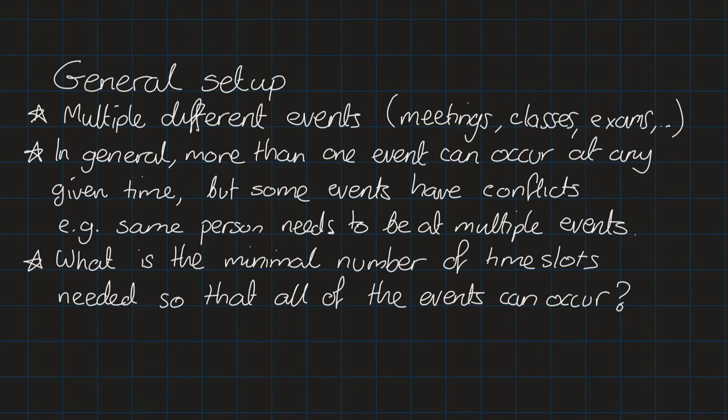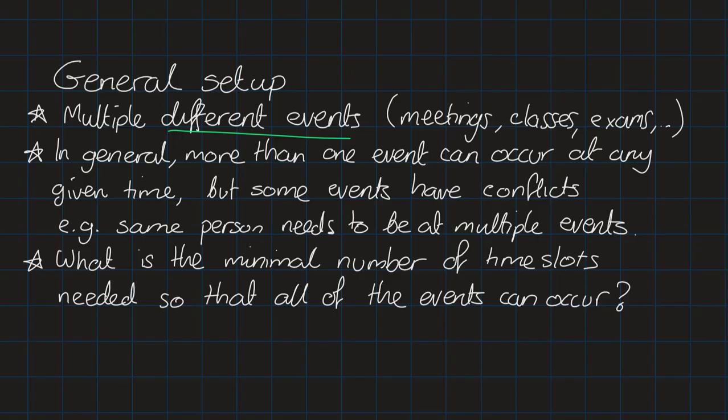So what's the general situation that we'll be interested in? There are multiple different events that need to occur, and exactly what the events are isn't too important. They could be meetings, classes, exams, committee meetings, anything like this. There are just different events that need to occur, and there's more than one of them.